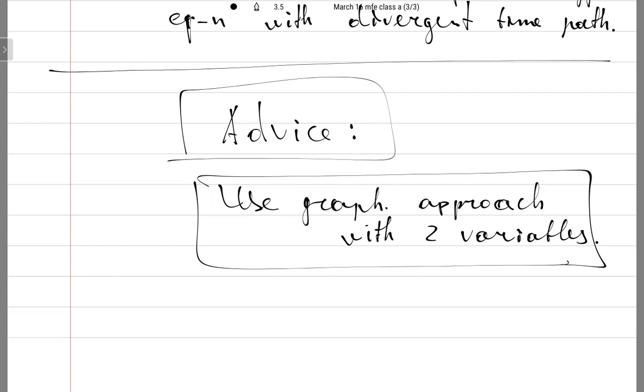Then if you are not obliged to use the Lagrange multiplier method, probably you are done. If you are obliged to use some particular method, you are not prohibited from using the graphical approach, even if you are required to use the Lagrangian method. So, first point, use graphical approach.